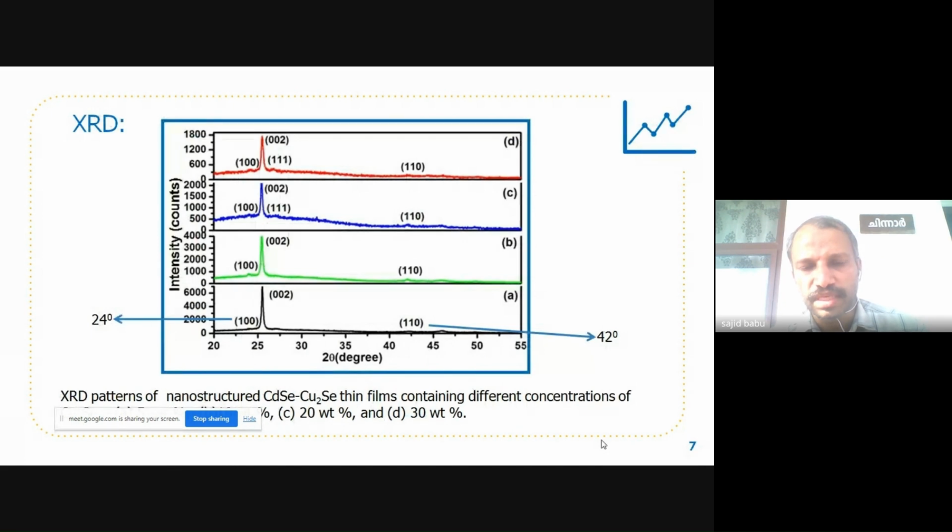In the XRD spectra of these four samples, we have got the main peak at 25.4 degree for the 002 reflection, and we have also got weak peaks at 24 degree and 42 degree, which correspond to the 100 and 110 reflections of CdS. As the concentration increases, at 20% we get an additional peak at 26.8 degree, which is the 111 reflection corresponding to the Cu2S phase. This means that Cu2S exists as a nanocomposite at 20% weight percentage, and as the Cu2S composition increases, the intensity of the Cu2S peak increases.